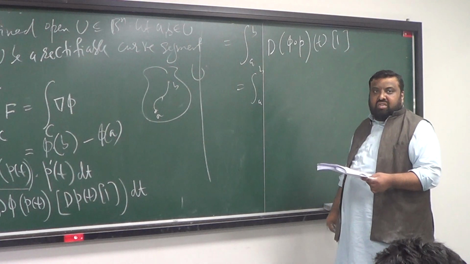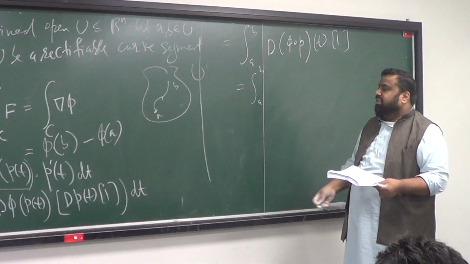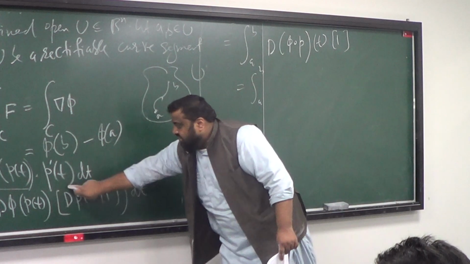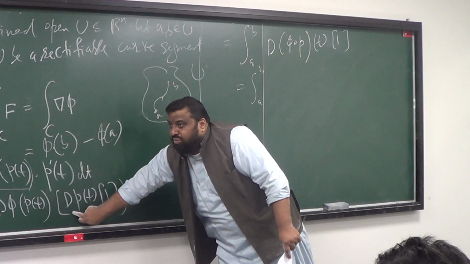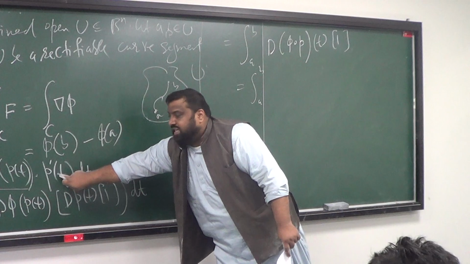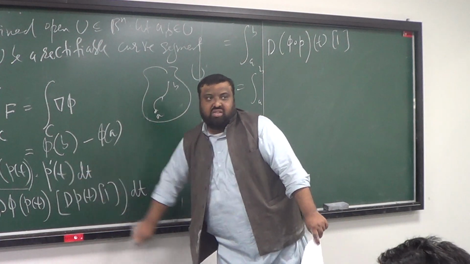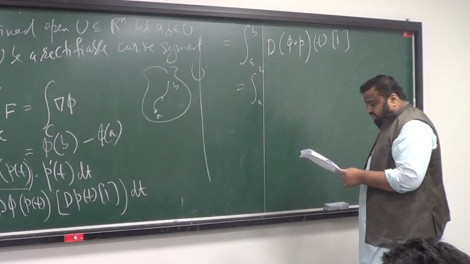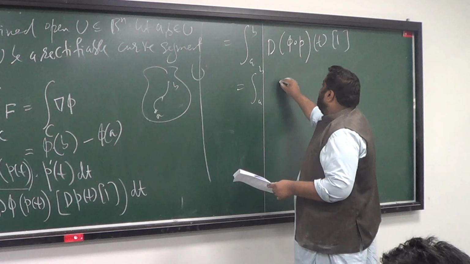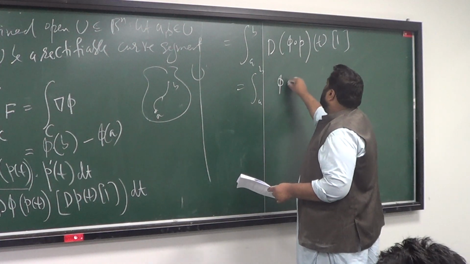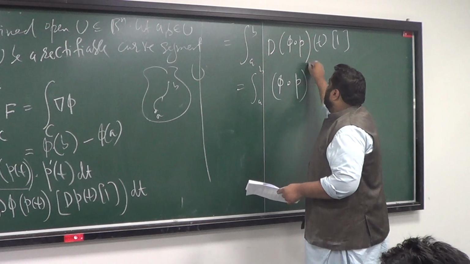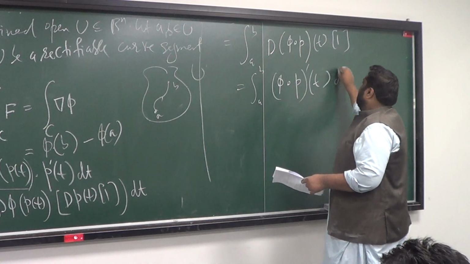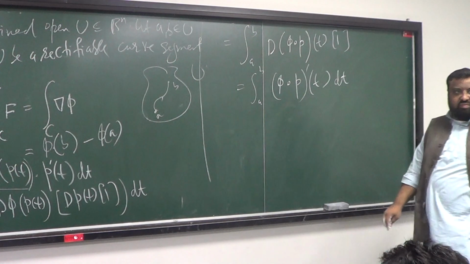In other words, what is the Fresher derivative of the path? I used it here. I know that if I compute the Fresher derivative of the path, I'm going to get the derivative of that. So this is going to be the phi composition p prime evaluated at t, dt.